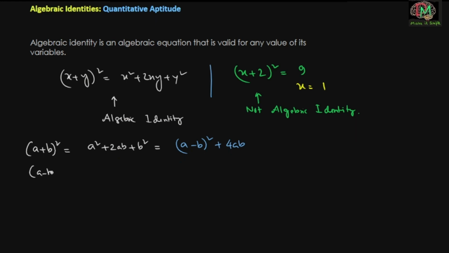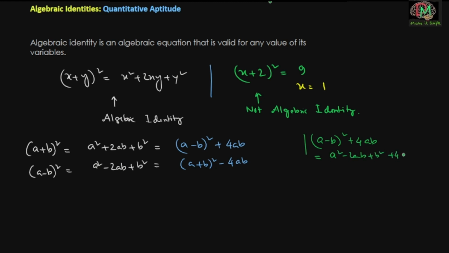Next is (a − b)², which is a² − 2ab + b². Also you can write it as (a + b)² − 4ab. Both of these parts you can derive, because (a − b)² + 4ab can be simplified: a² − 2ab + b² + 4ab is equal to a² + 2ab + b².